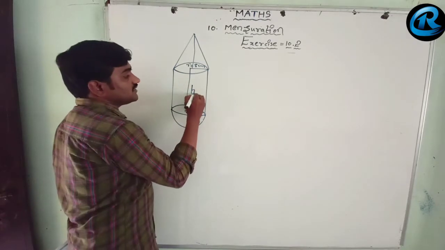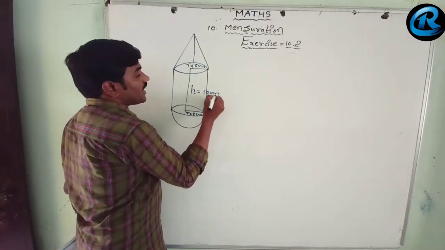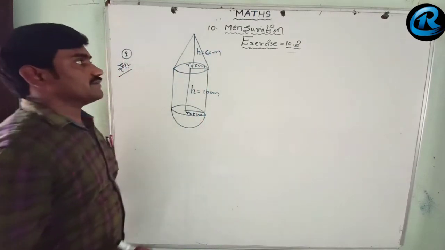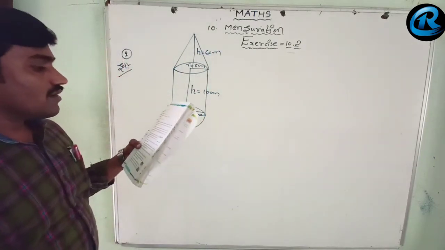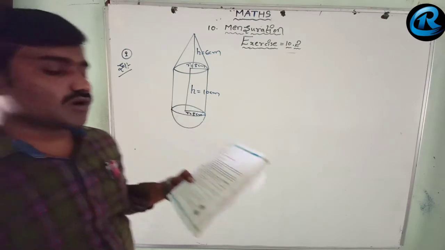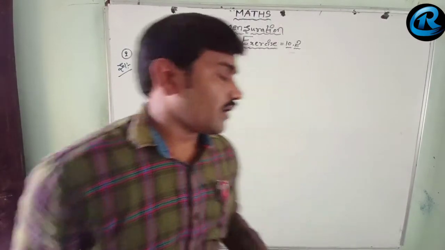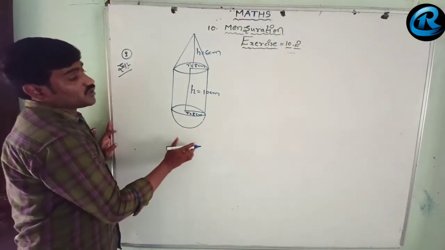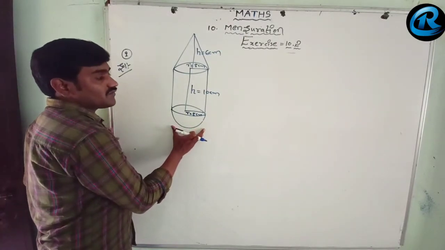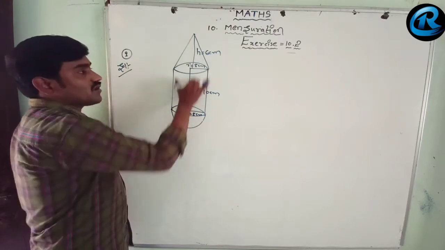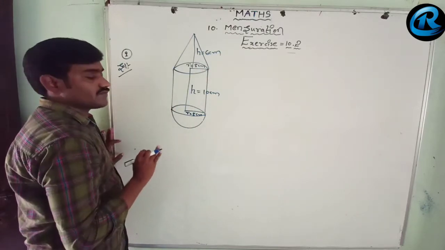The height of the cylinder is 10 centimeter and the height of the cone is 6 centimeter, as given. So, find the total surface area of the solid. Yes, we can find it. Now, how can we find the total surface area of the solid? By finding the curved surface areas of these individual figures. The sum of all these curved surface areas will give the total surface area.